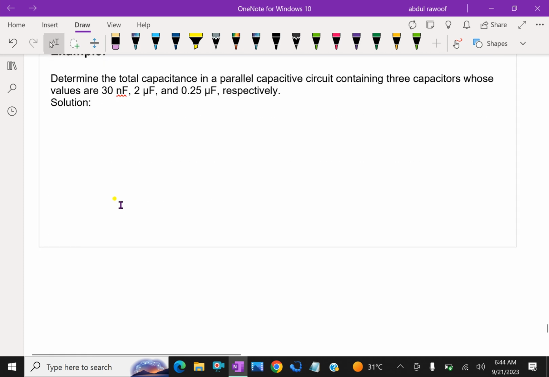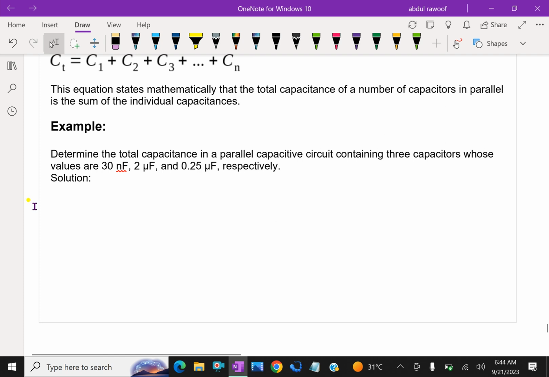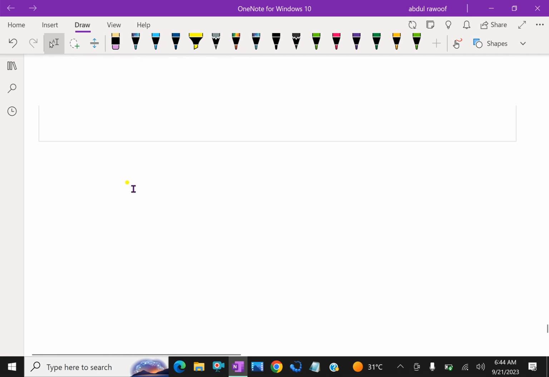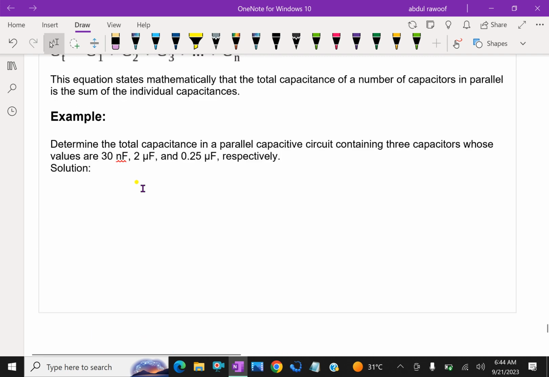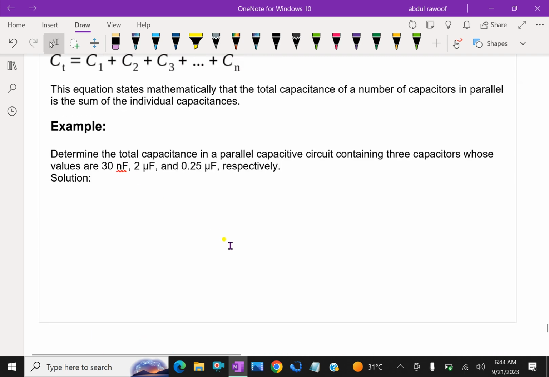Now we can understand this concept with an example. Determine the total capacitance of a parallel capacitive circuit containing 3 capacitors whose values are given here. This is nano. Look at CT. Total capacitance is C1, C2, C3.